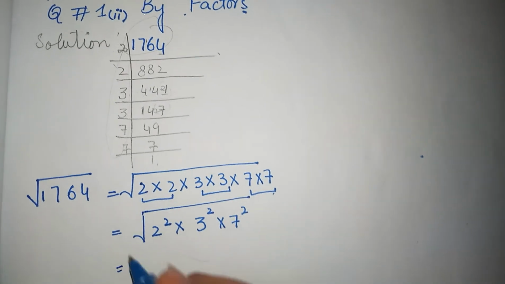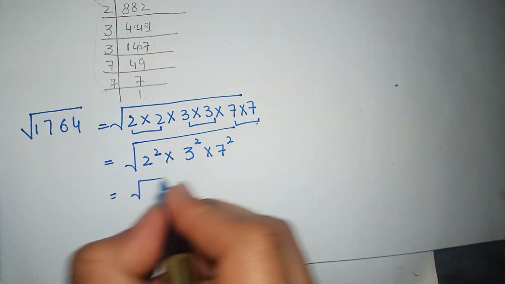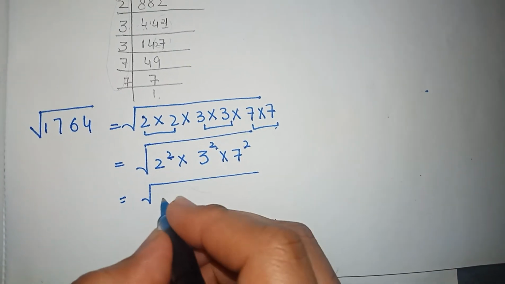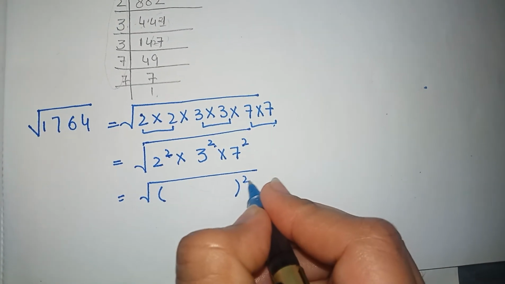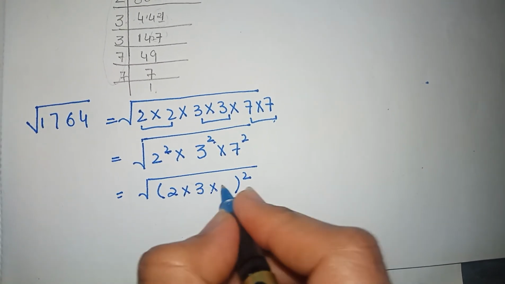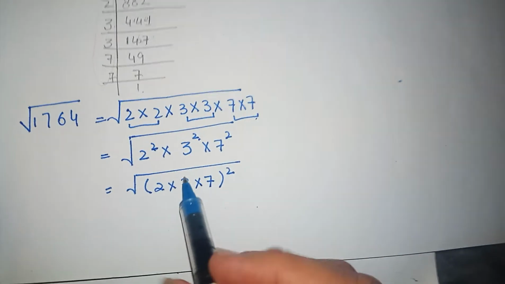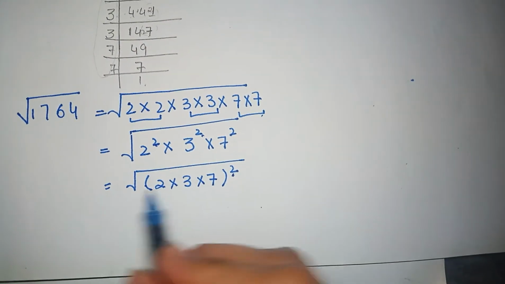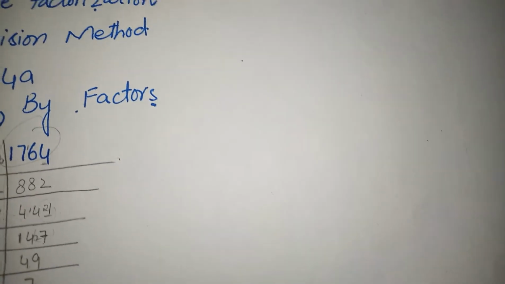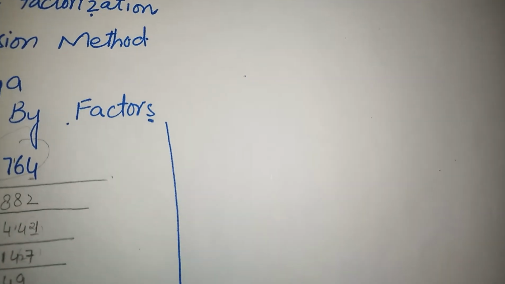We will take the power of all these numbers common outside: 2 multiplied by 3 multiplied by 7. Now the thing to learn here is the symbol of square root.